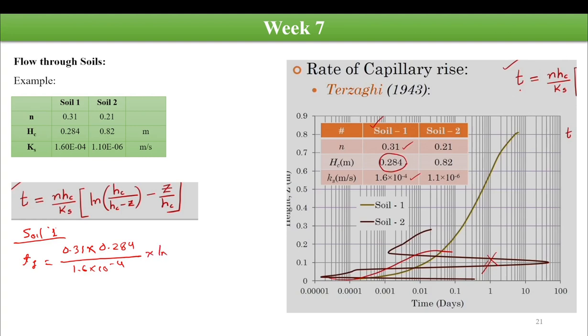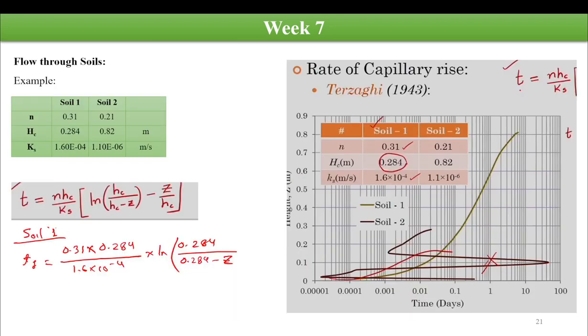And the value of ln hc, the value of hc is provided as 0.284, upon this again the value of hc, 0.284, minus z. z is unknown because we need to determine the time based on different values of depth.